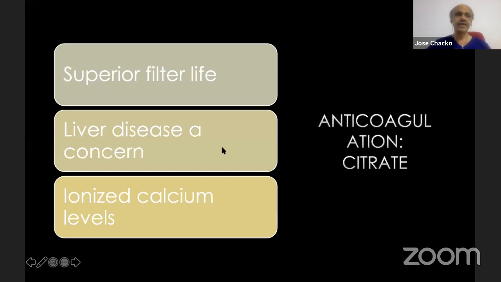Of course, in liver failure, you shouldn't use citrate because the citrate will accumulate. The liver cannot convert the citrate to bicarbonate anymore. And of course, you need to ensure that there is adequate ionized calcium levels because citrate works by chelation of the calcium. Calcium, which is the key factor in the clotting mechanism, is antagonized by the chelation due to citrate. And so you need to administer calcium to the patient to maintain appropriate calcium levels.